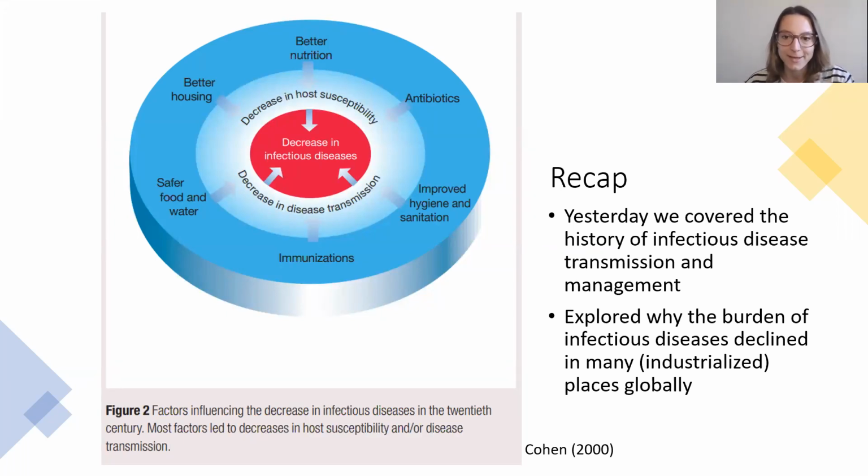We talked about how they impact places, particularly in industrialized settings, some changes to societies and social structures, as well as some ecological changes. And we covered why the burden of infectious disease is particularly high in some industrialized places globally, and how it may be impacted by different factors in different places.